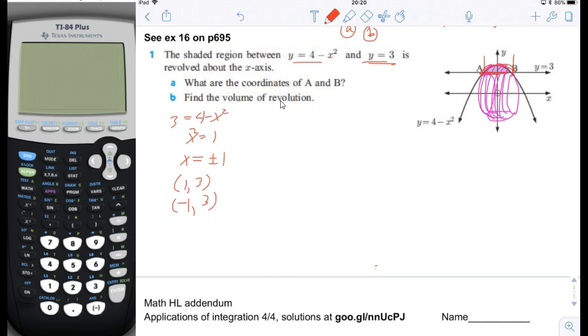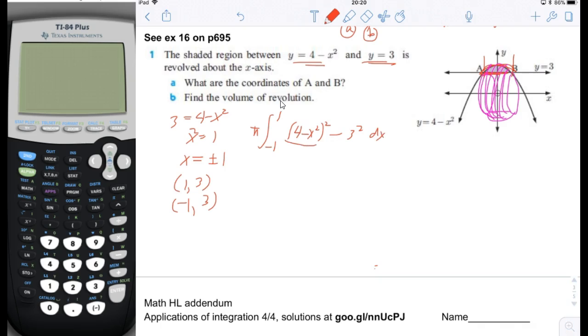Then it says to find the volume of the revolution. Let's fill in the formula from above. So we're going to do an integral from negative 1 to positive 1, and we're going to have f of x, the outer function, 4 minus x squared. We're going to square that, and we're going to subtract the inside function, which is y equals 3, square that, and then take the integral of that.